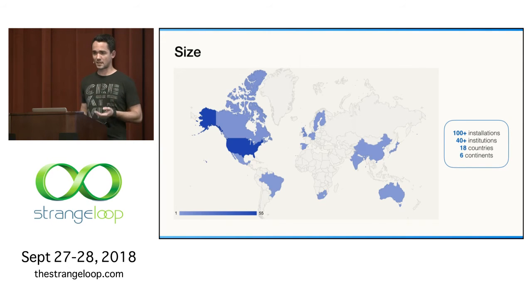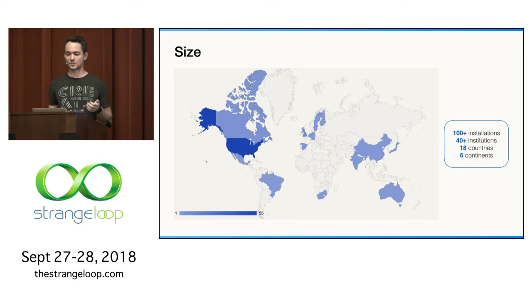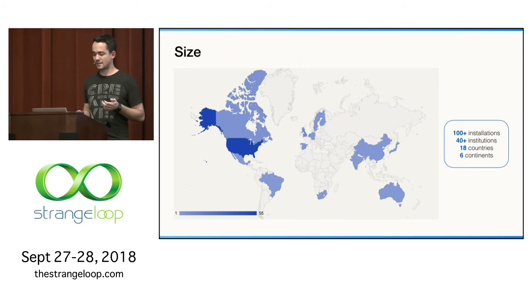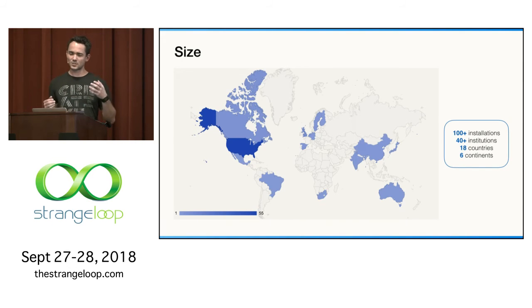In terms of the size of the network, we currently have over 100 beacons from 40 different institutions across 18 countries and all the continents, besides Antarctica, obviously not a lot of genetic research going on there. And because of the way this is set up, it's actually really hard to estimate how much data we're searching, because it's up to each individual institution to control that, right?